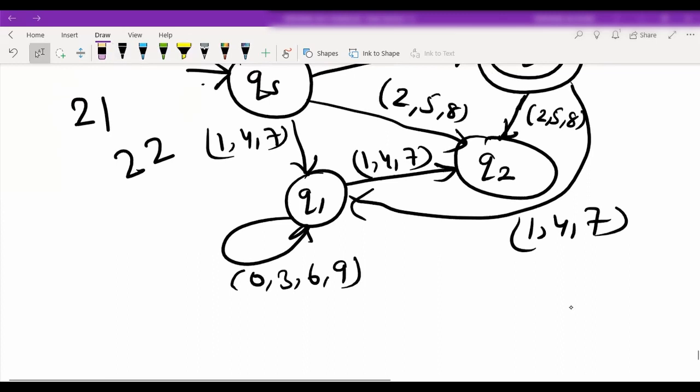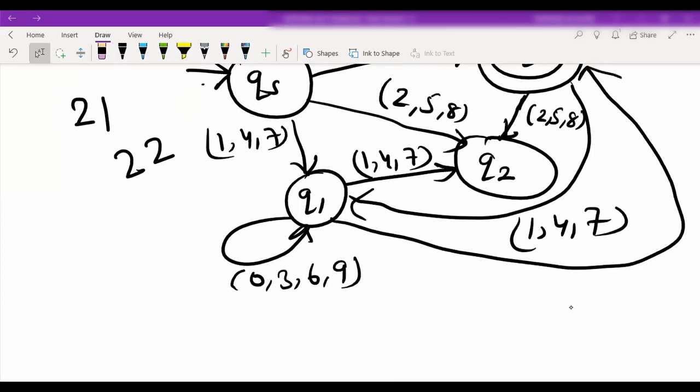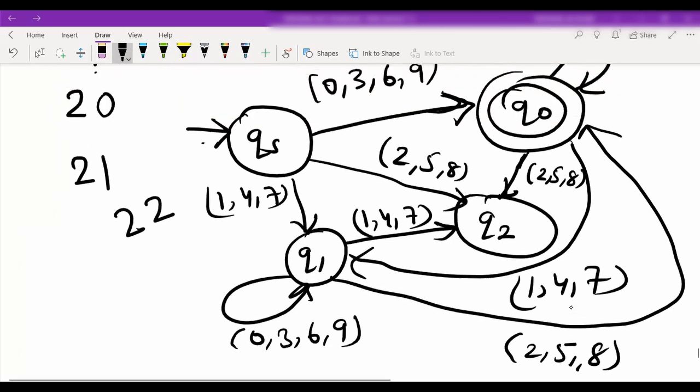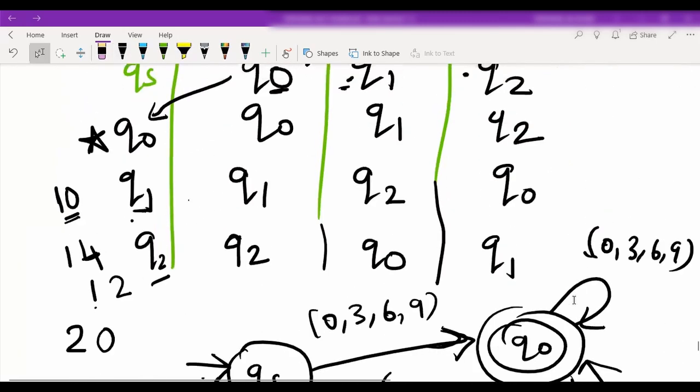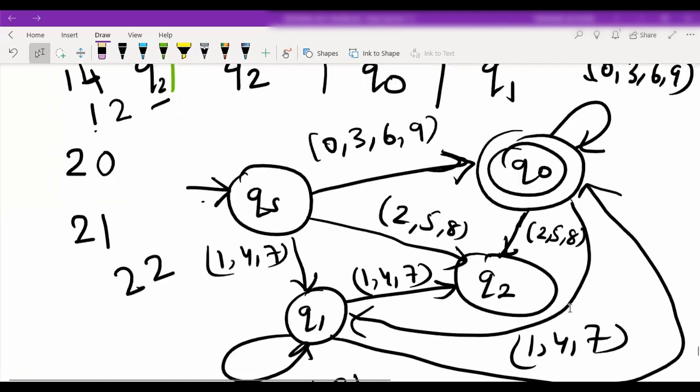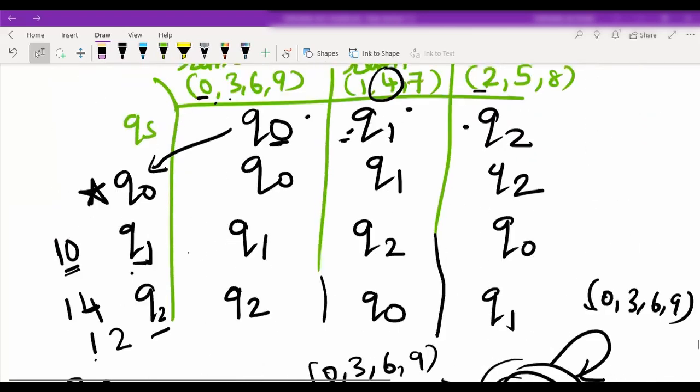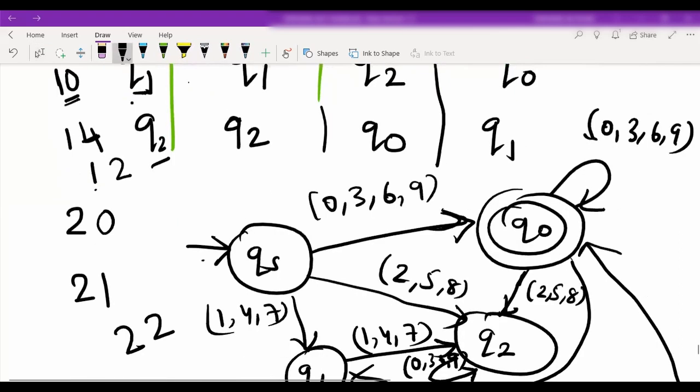So we have to make this kind of connection, on 2, 5 and 8. Okay, now what is remaining? Q2. Where is Q2 going? Q2 on 0, 3, 6, 9 goes to itself. So we will write here 0, 3, 6, 9. Now Q2 on 1, 4, 7 goes to Q0.